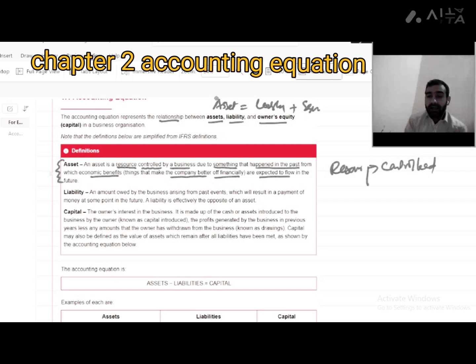So an asset is a resource controlled by the business, and this control comes through some activity or event that happened in the past, and for that reason you are now controlling these resources. You are expecting that the benefit will flow to you in the future.